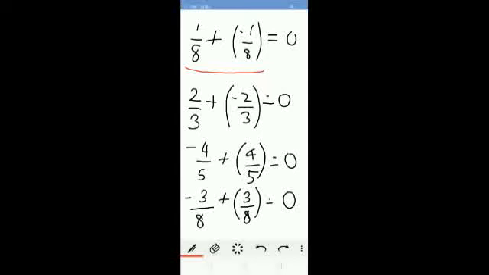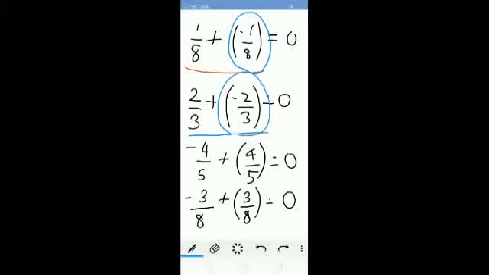So now in my first problem, what is the additive inverse here? Minus 1 by 8. Because for the positive number, we added minus 1 by 8. For positive 1 by 8, the additive inverse is minus 1 by 8. Then only we can get the answer 0. In the second problem also, what is the additive inverse?